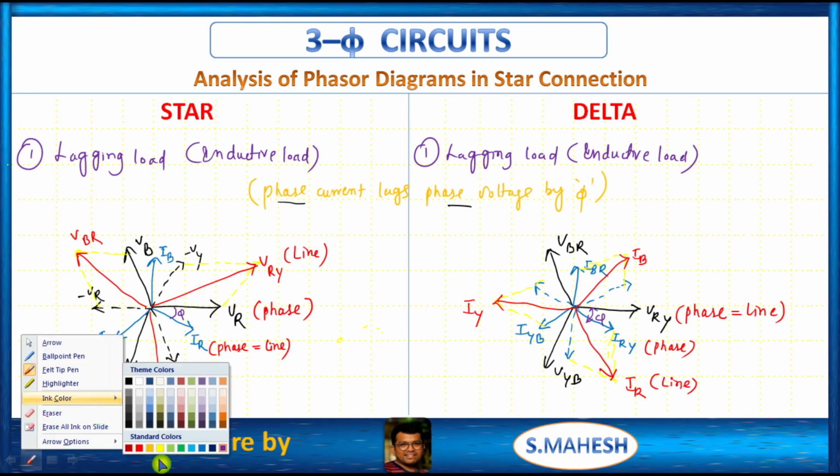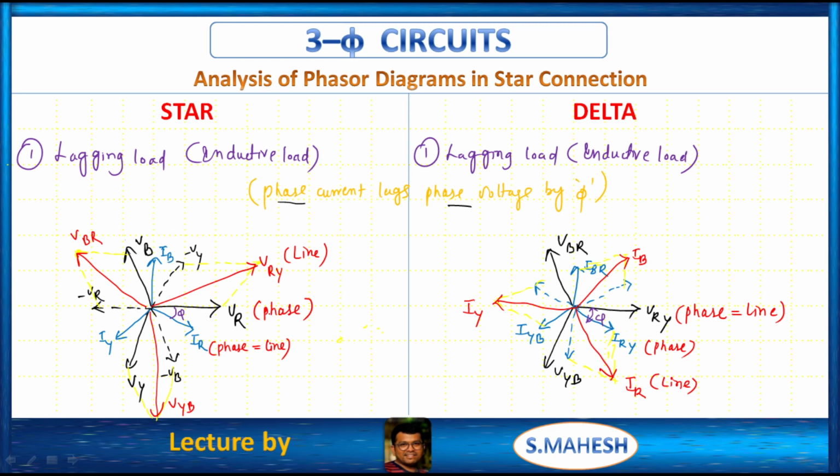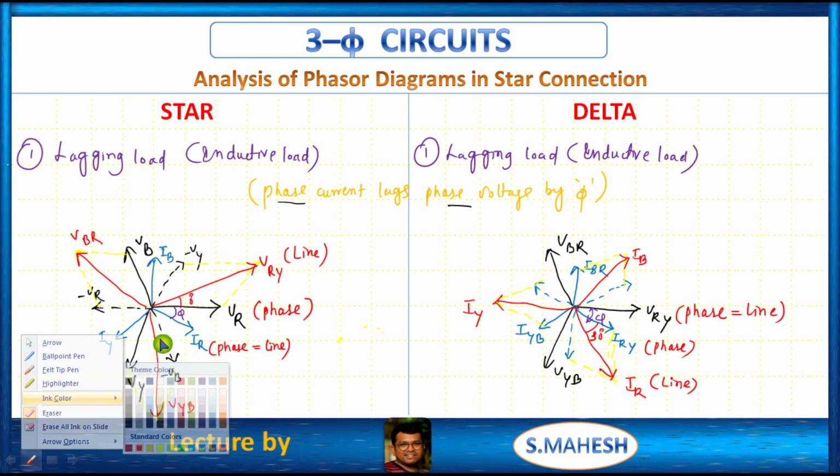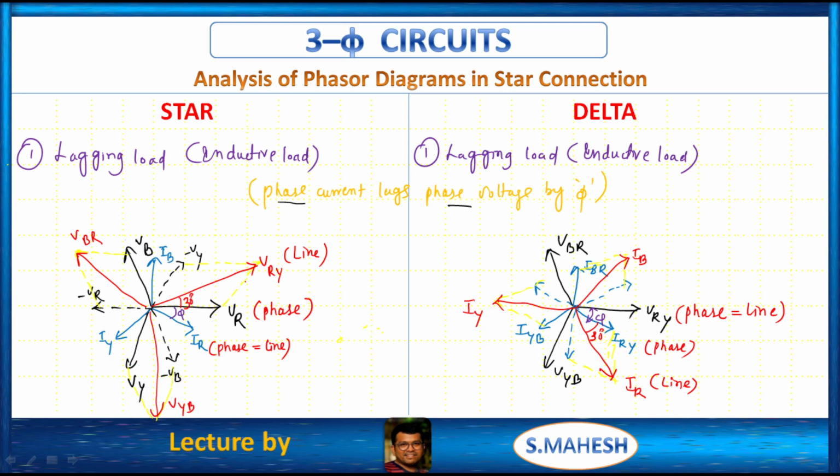Now what is the angle between line voltage and phase voltage? It is always 30 degrees, right? Line voltage leads phase voltage by 30 degrees in case of star connection. Like that, line current lags phase current by 30 degrees in case of delta connection. This is 30 degrees, and between this, 30 degrees.